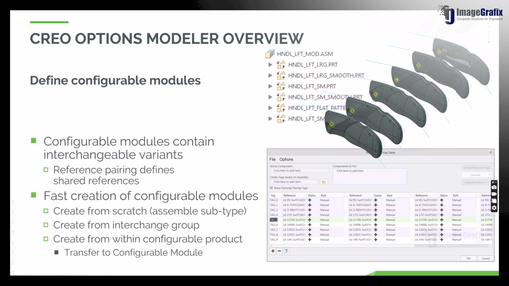This configurable module is basically an overloaded assembly. An overloaded assembly is where you create an assembly and some of the parts or sub-assemblies have multiple variants, multiple design variations. You can configure those design variations and create a module, or in layman's terms, a sub-assembly.